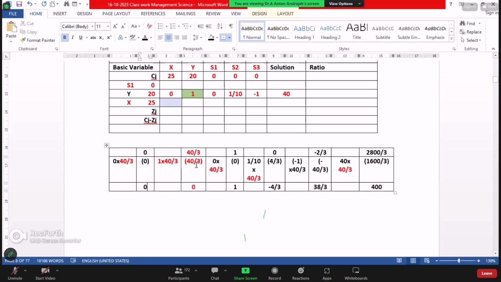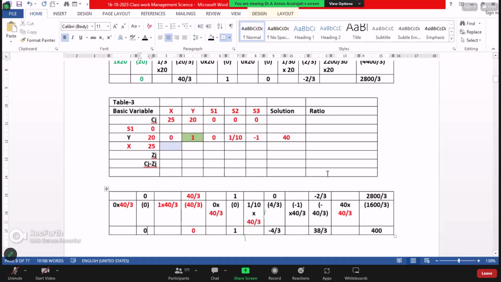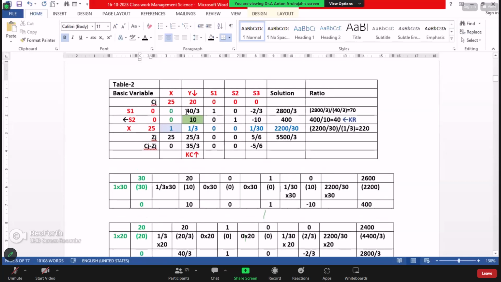Here 40 by 3 minus 40 by 3, 0. Here 1, 1 minus 0, 1. This is 0 minus 4 by 3, that is minus 4 by 3. Here minus 1 multiplied is minus 4, this is 38 by 3. This is 200.